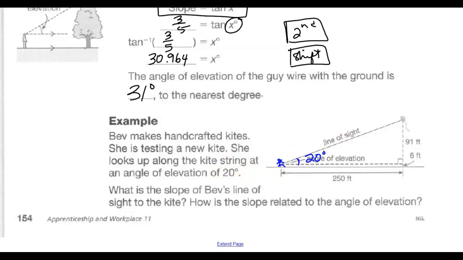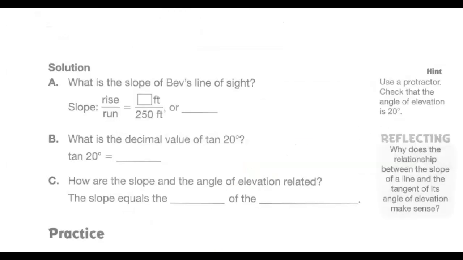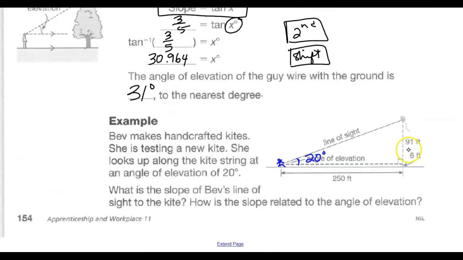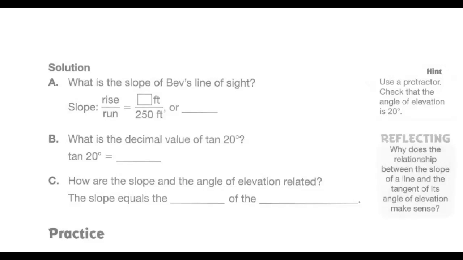So we'll go over to the next page here. It says, what is the slope of Bev's line of sight? So we'll look on our diagram again. So we're not going to include the 6. We're just going from that dotted line. That's really her line of sight there. So that's 91, and the horizontal is 250. So that doesn't reduce.